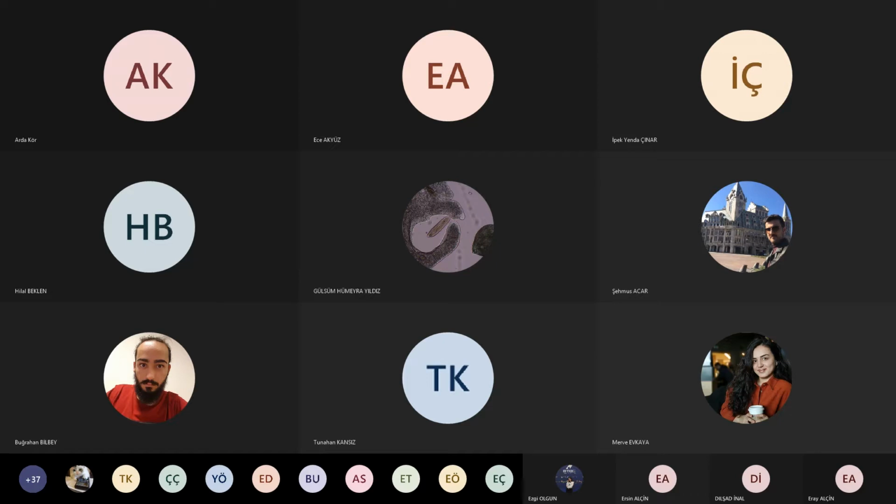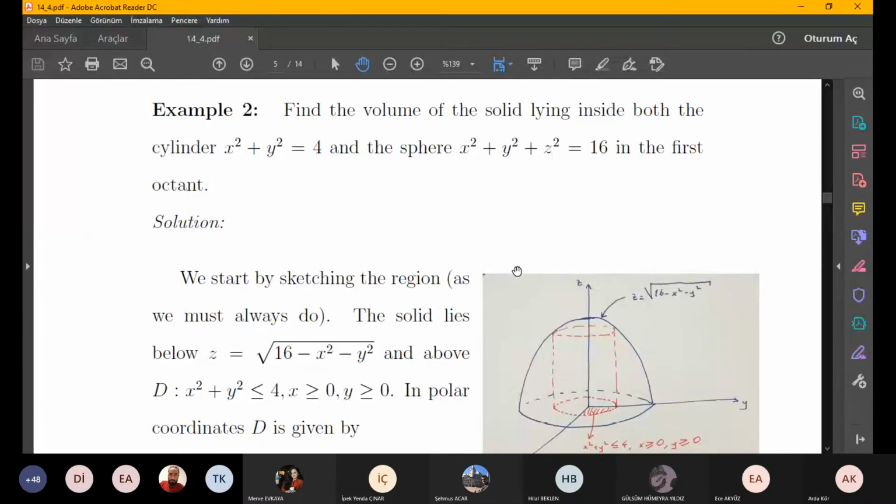PDF. Ben göremiyorum slaytı. Şimdi geldi hocam. Tamam, biraz zaman aldı demek. Tamamdır.